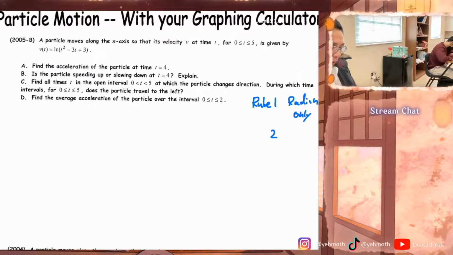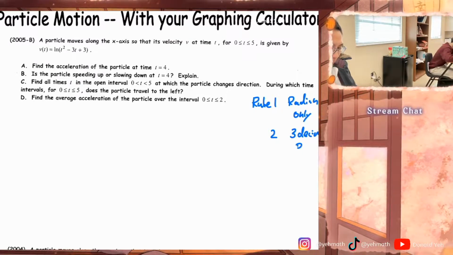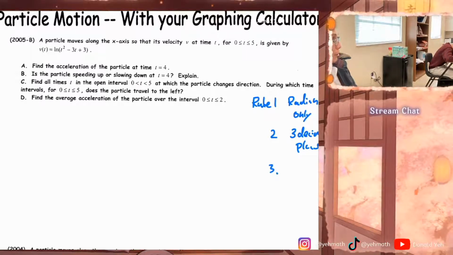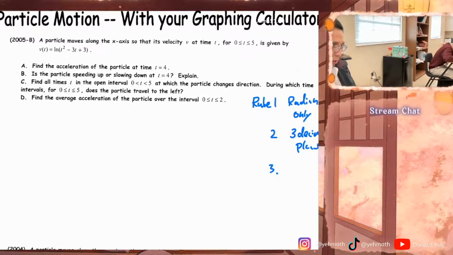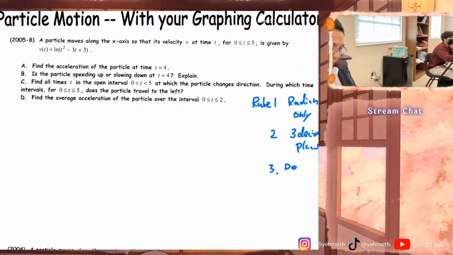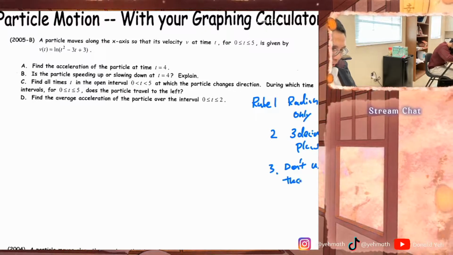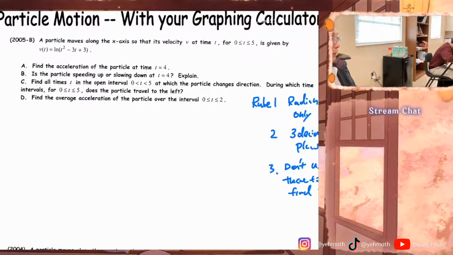Rule number 2, 3 decimal places. Rule number 3, please don't use trace to find zeros. Don't use trace to find zeros. There's a zero button, or there's a maximum button.